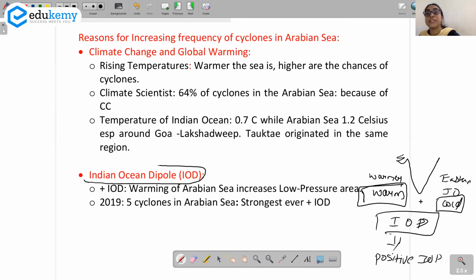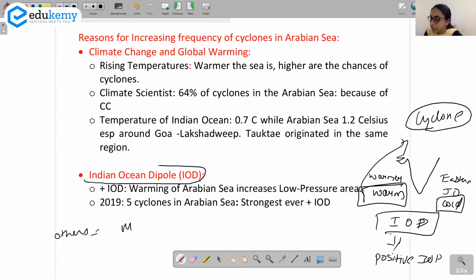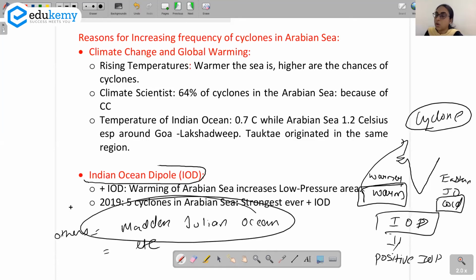Because this area is warm, a greater number of cyclones can be formed. So the positive IOD becomes the other reason for the greater formation of cyclones in the Arabian Sea. There are other reasons also, like the Madden-Julian oscillation, etc. Each of these would be dealt with in separate videos.